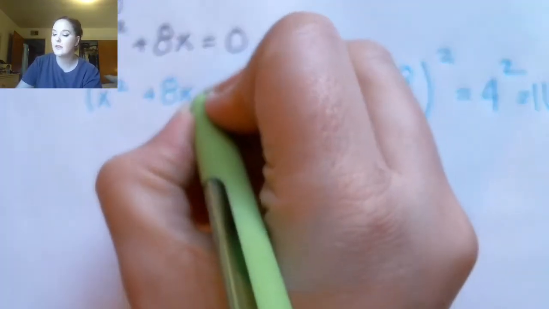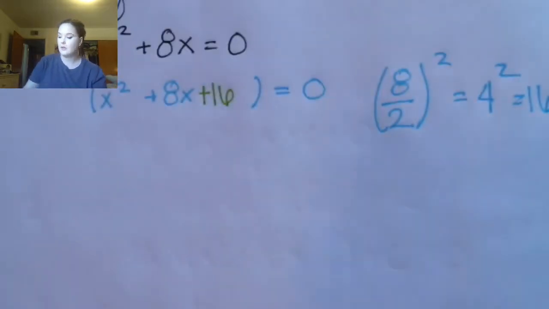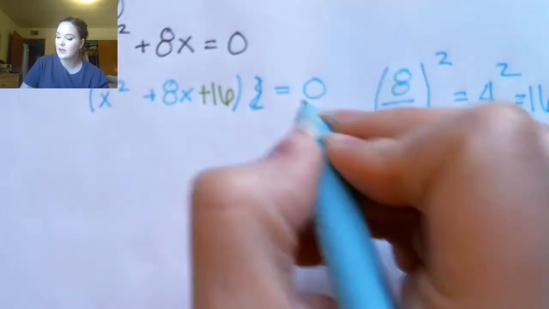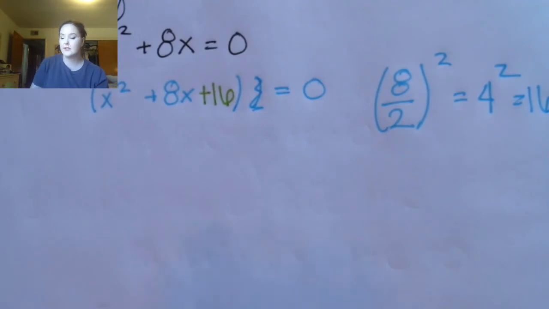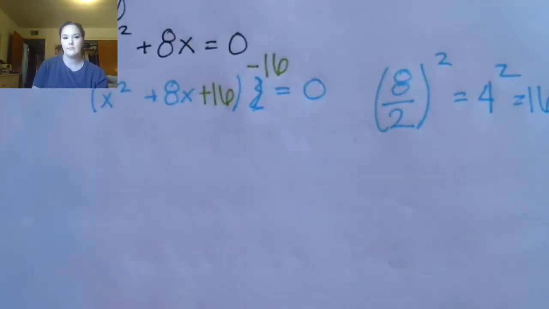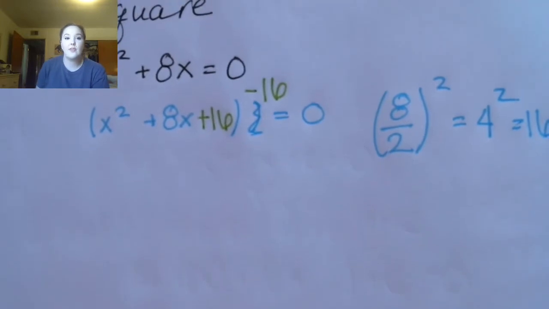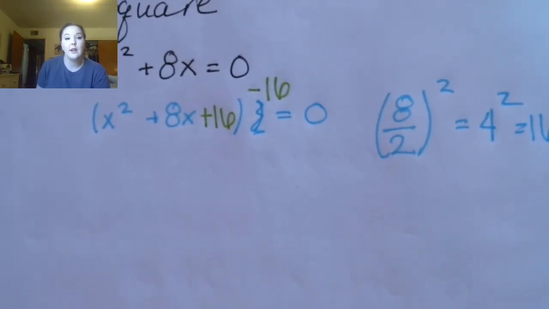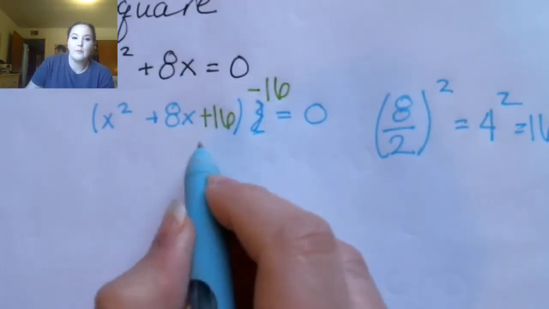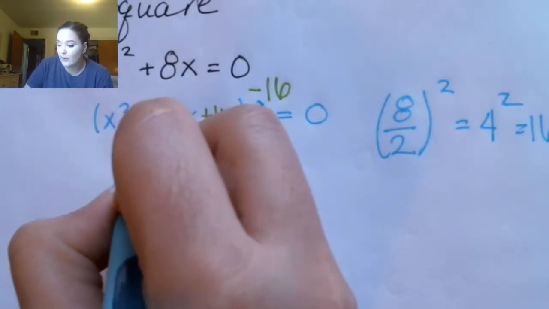So now in this example, I'm going to both add and subtract 16. Inside the parentheses, I'm going to add 16, and then outside the parentheses, I'm going to subtract 16. Now the stuff inside the parentheses should factor. So we're asking what multiplies to 16 and adds to 8. It should be 4 and 4.